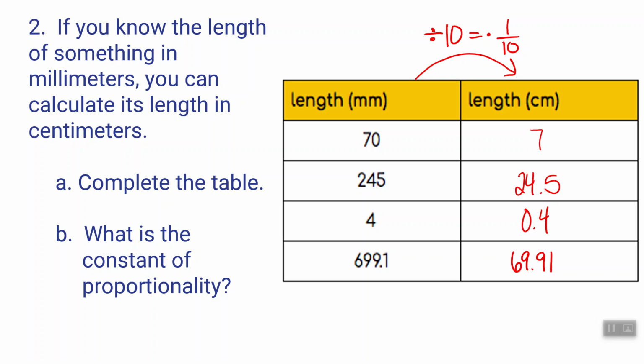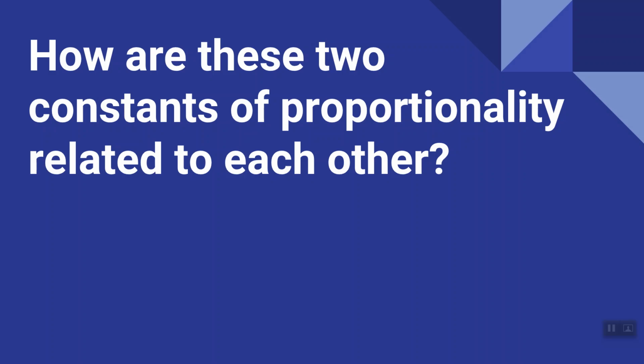So the constant of proportionality here is 1/10. Some students like decimals, so you'll see some students say 0.1. However, it's going to be much easier to work with the fraction, especially because you can relate the two constants of proportionality together.